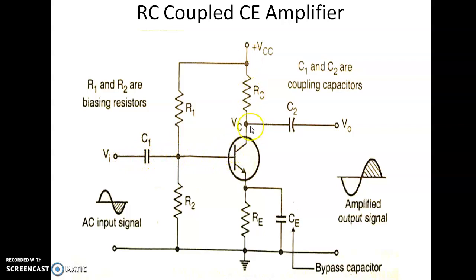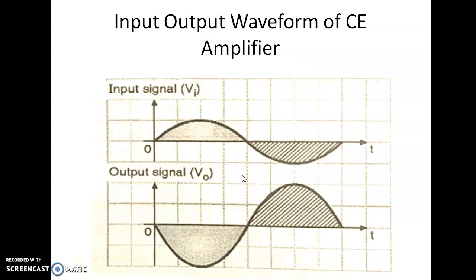IC is equal to beta into IB, so beta is equal to IC upon IB. Beta is the current amplification factor in a common emitter transistor.